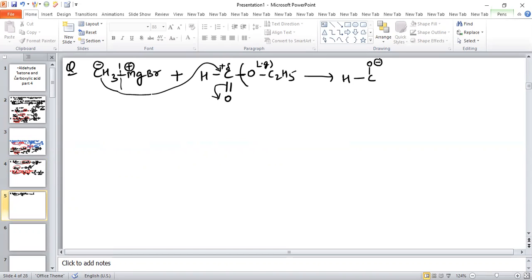So there is negative charge on oxygen. This CH3 group gets attached on the carbon, and now this negative charge will shift between carbon and oxygen. So the product obtained is basically CH3, C double bond O and hydrogen. So in this case the product obtained is basically ethanol.